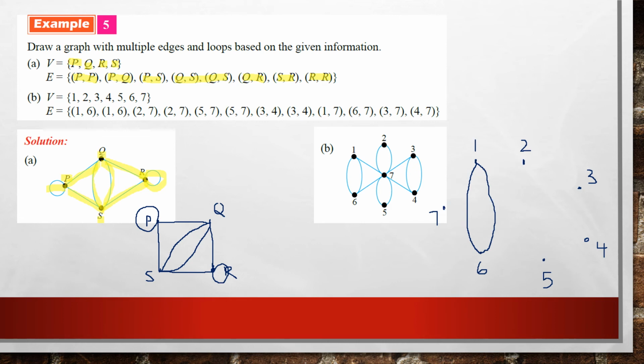Okay, maybe what you can do, you change the position. Okay, maybe you put here 6. Okay, maybe you put here 7. So you can get here 6. 1, 6, 1, 6. Then here multiple edge 2, 7.